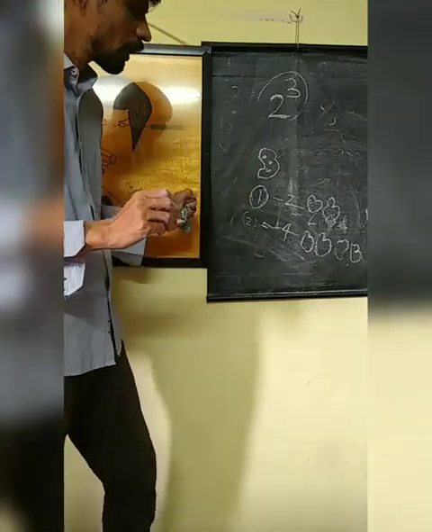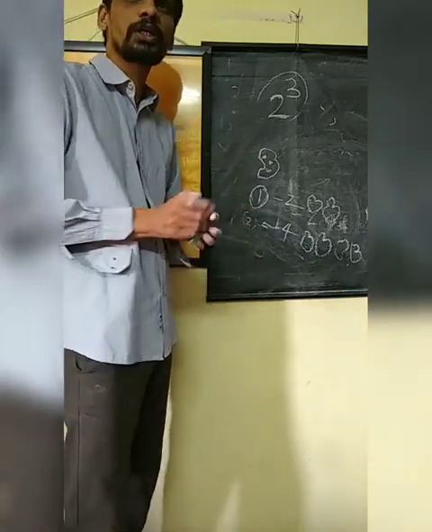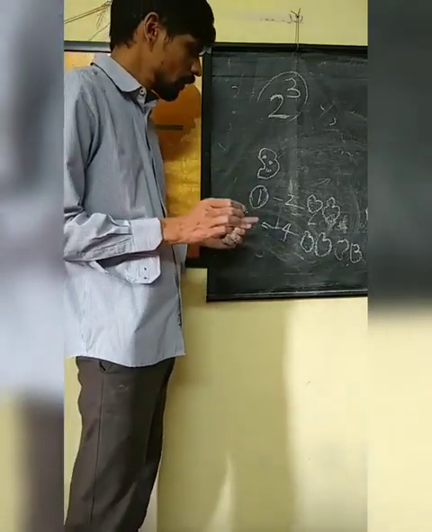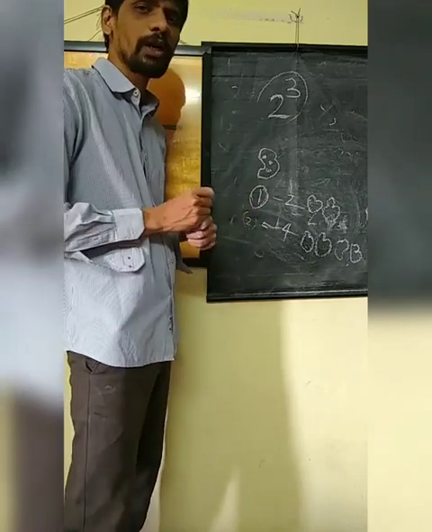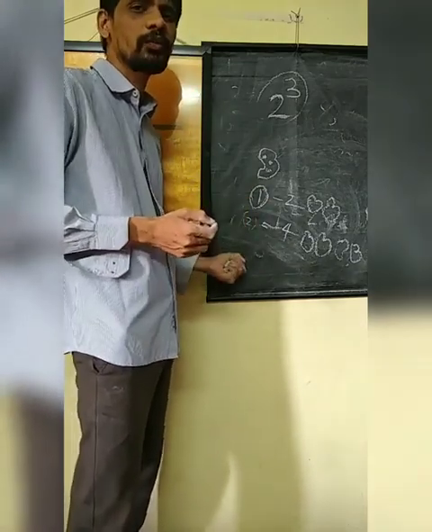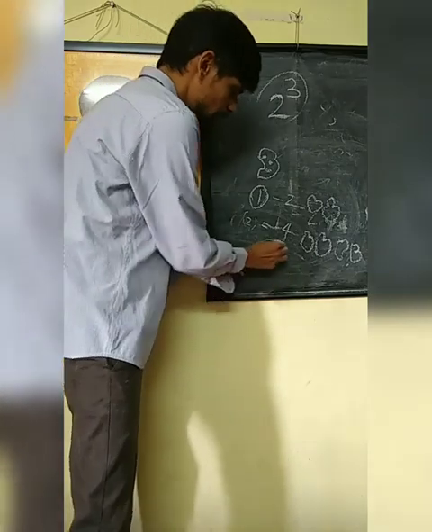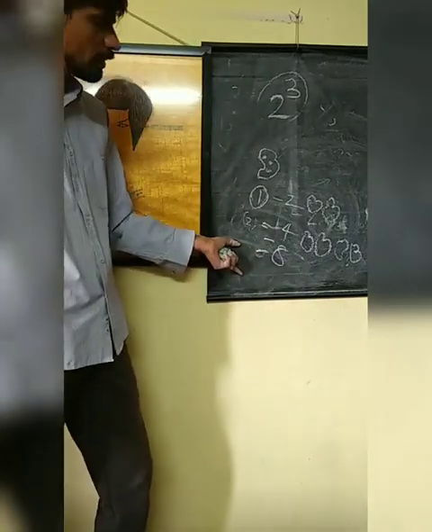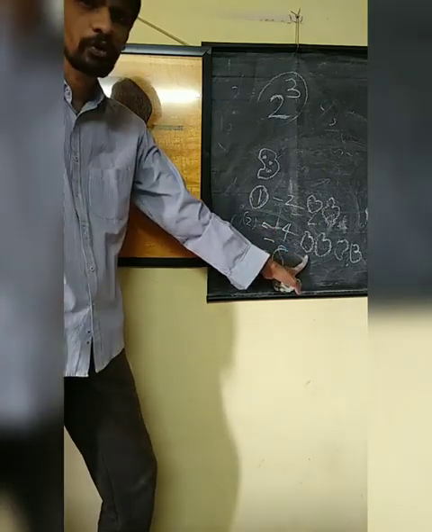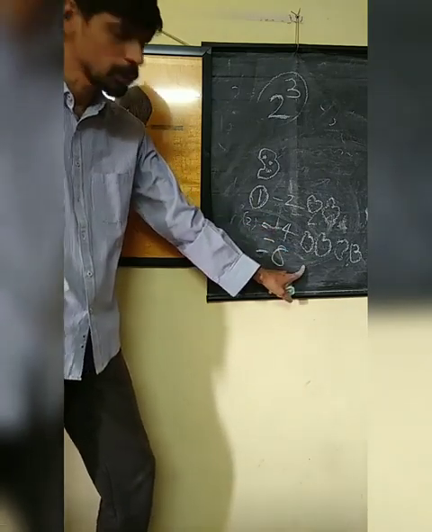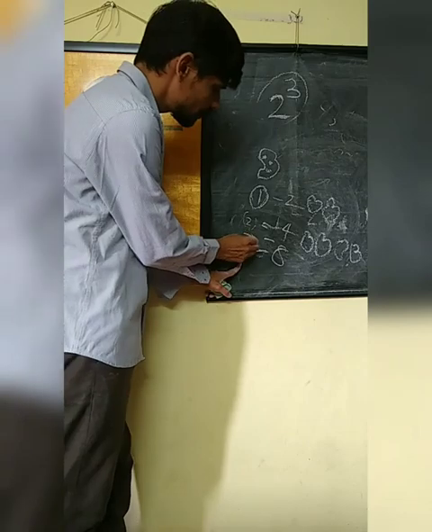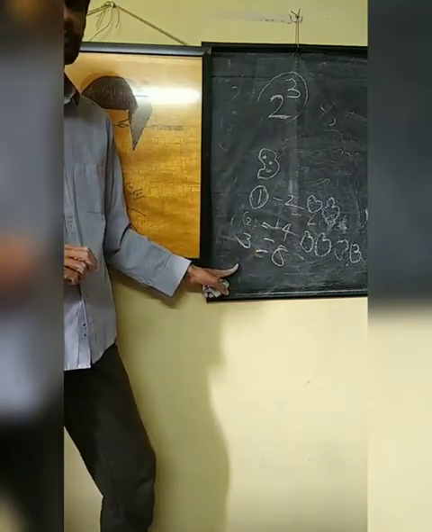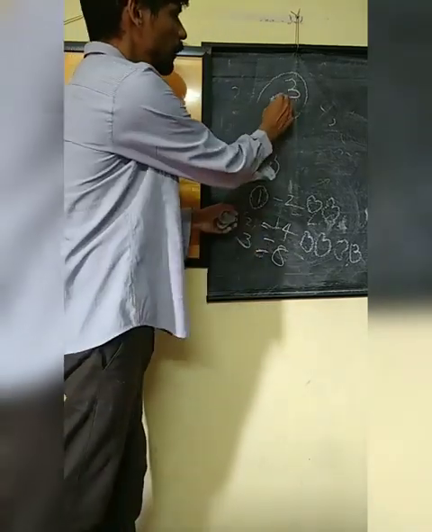For example, if you ask me to become 8 amoebas, how many days do we require? We are already 4, and each amoeba will become 2, so I need 3 days. That means 2 power 3.